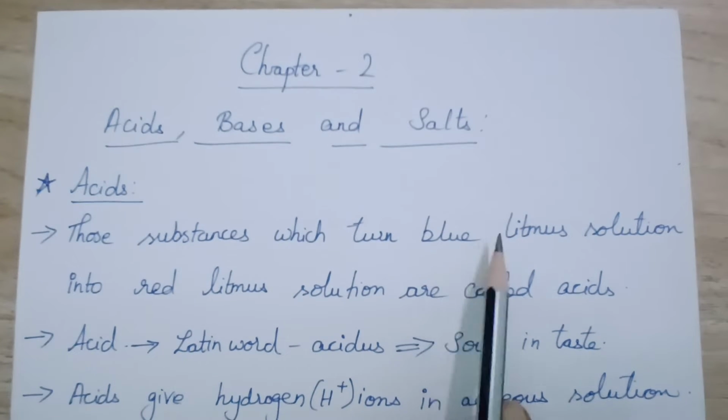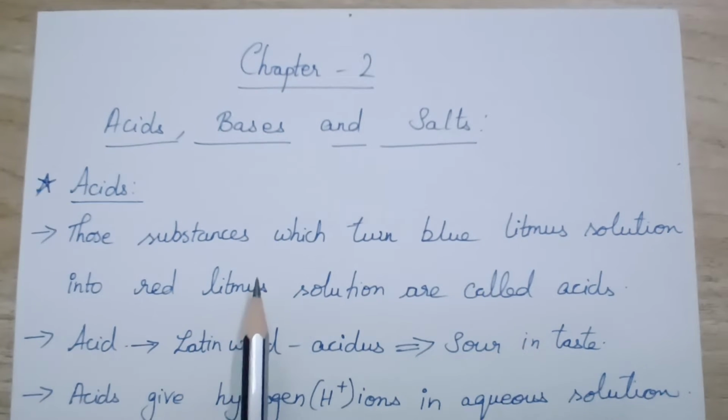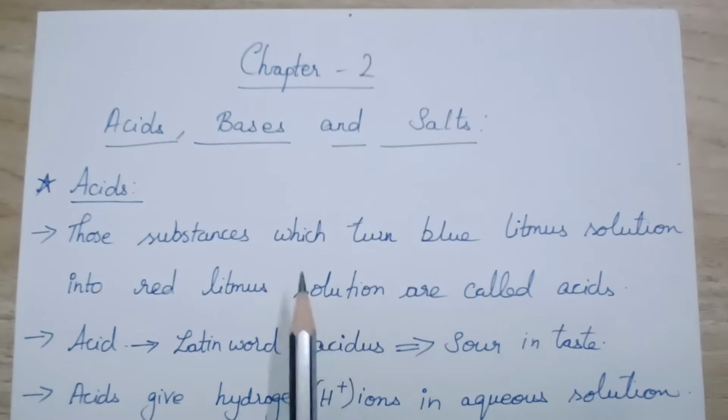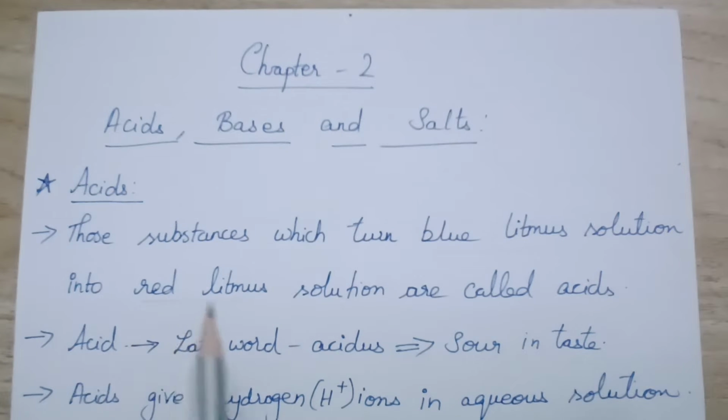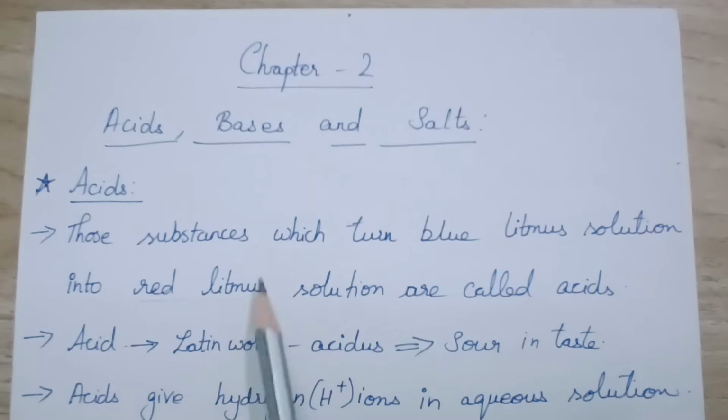When it turns blue litmus solution into red, it means that in that place you have acid. Remember that acid means dangerous, so it is showing the red one. It converted into red. You can remember it like that.